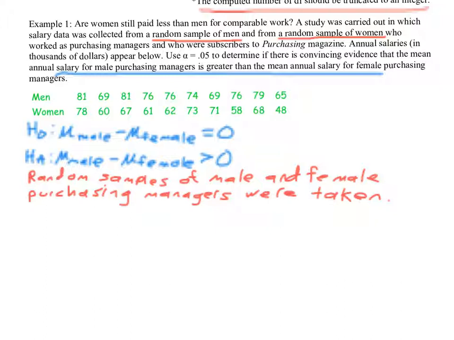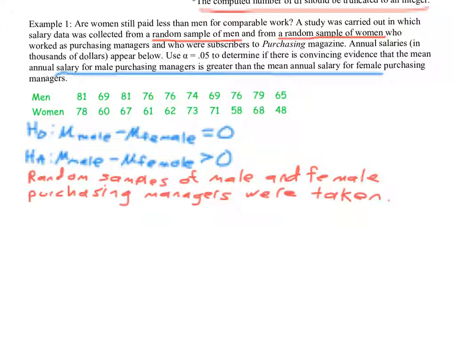Okay, condition 2. This is satisfied either by the CLT or by checking the graphs to see if they're approximately normal. So CLT won't work because we don't have at least 30 for each group. So we're going to have to check the normal probability plots. And they look good for both distributions.